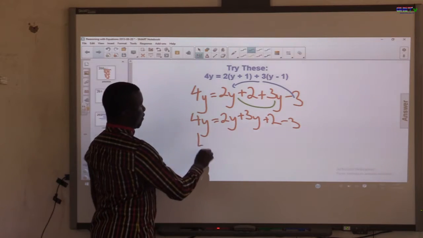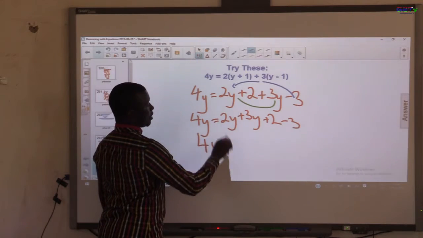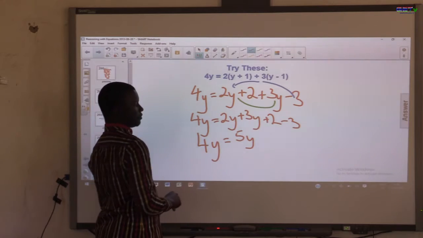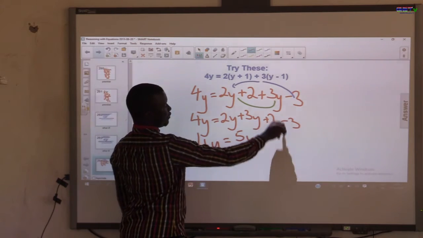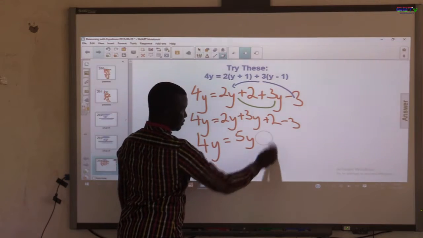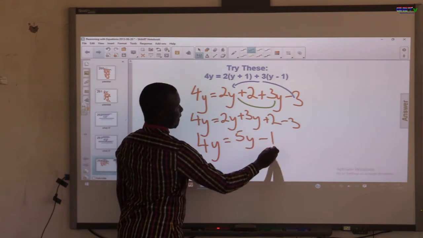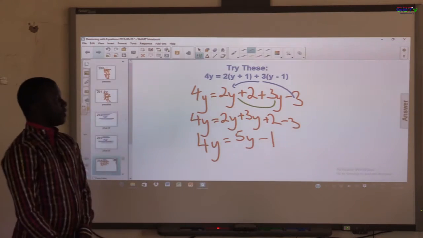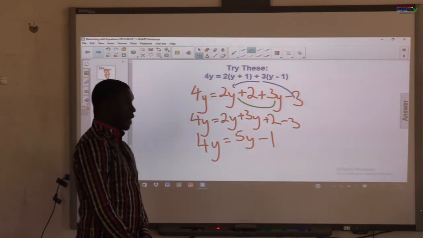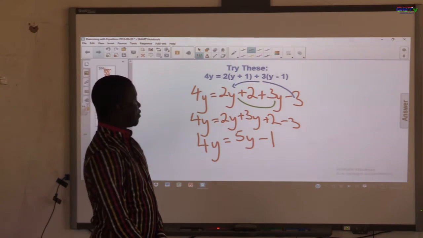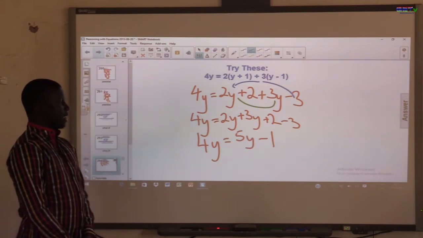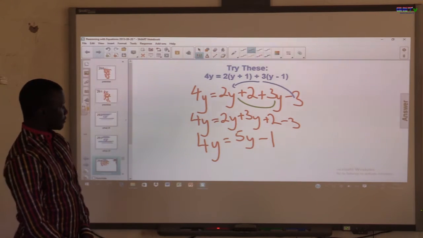That way we have 4y is equal to 2y plus 3y, 5y, and positive 2 minus 3, negative 1. Our equation now is 4y equals 5y minus 1.